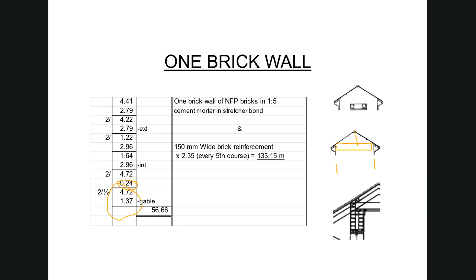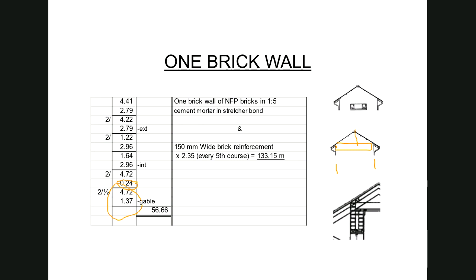So it's the overall length of 4.72 by the perpendicular height of the triangle, times a half times 2 for the gable wall on either side. Okay, so that wraps up then the measure of the one brick wall.